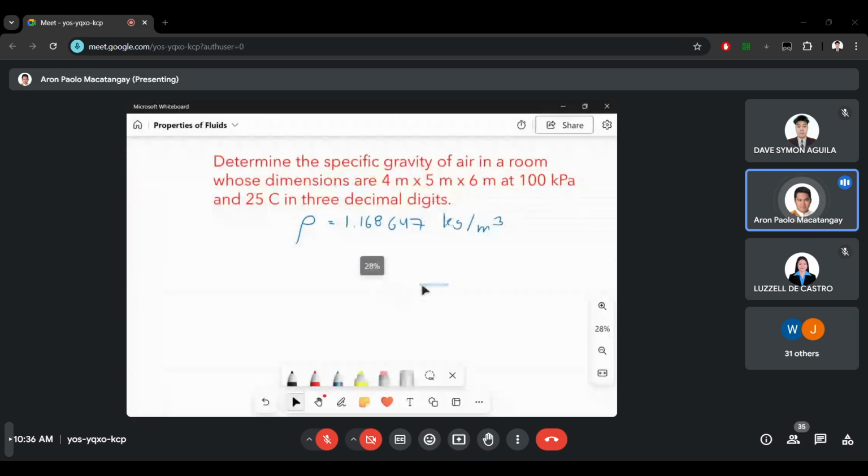Okay, so we are asked to determine the specific gravity. So again, specific gravity is equal to the density divided by the density of H2O.